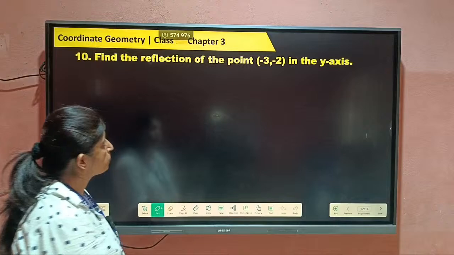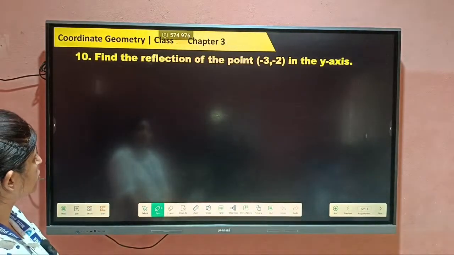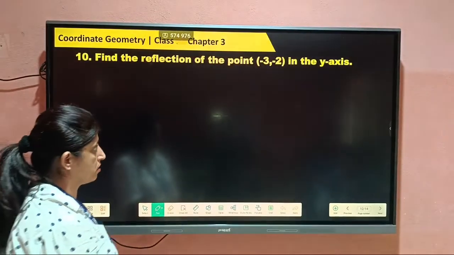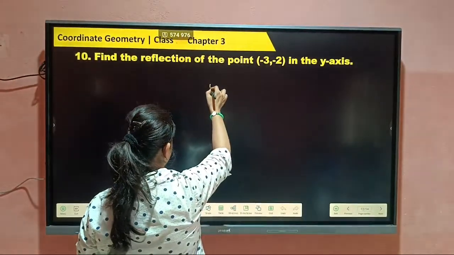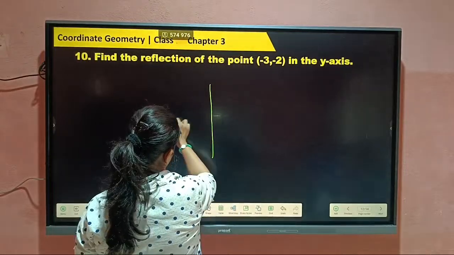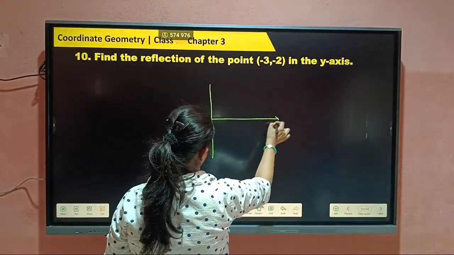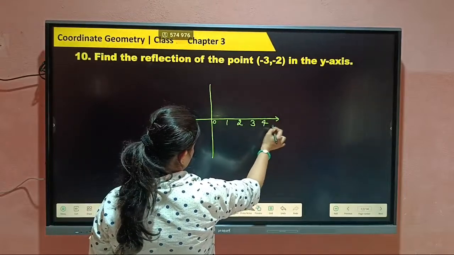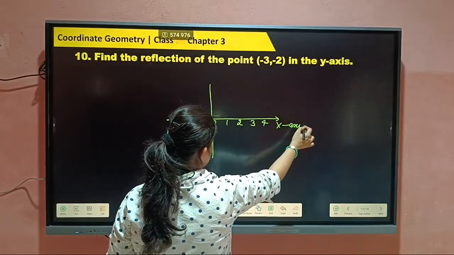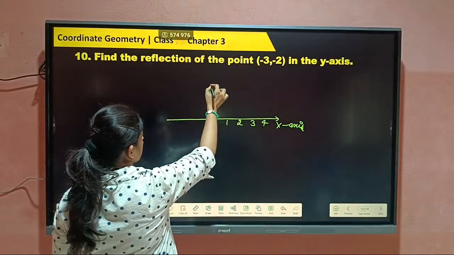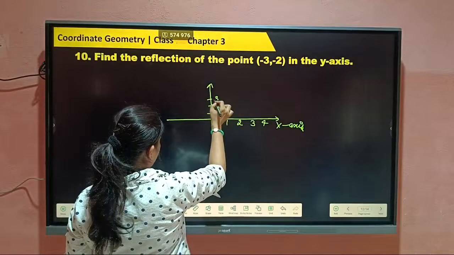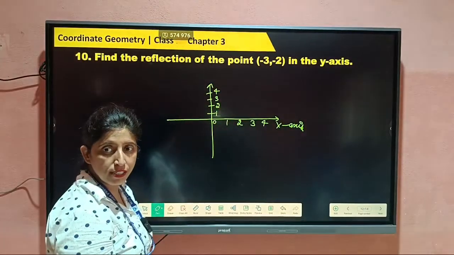Next, find the reflection of the point -3, -2 in the y-axis. This is x-axis. This is y-axis.